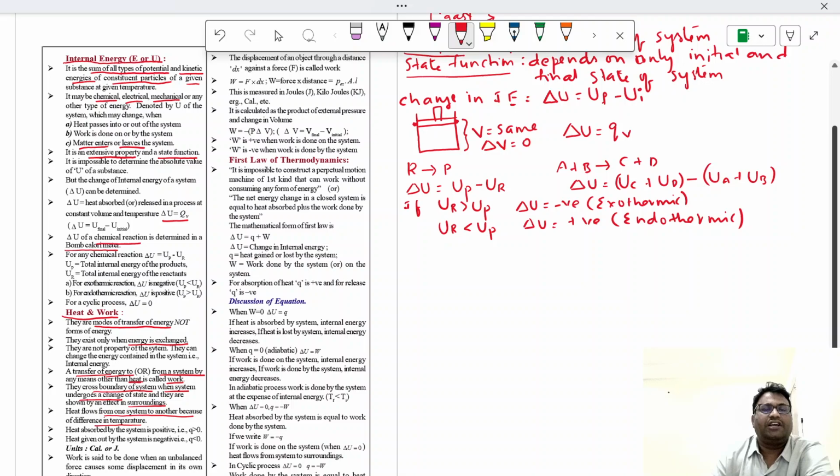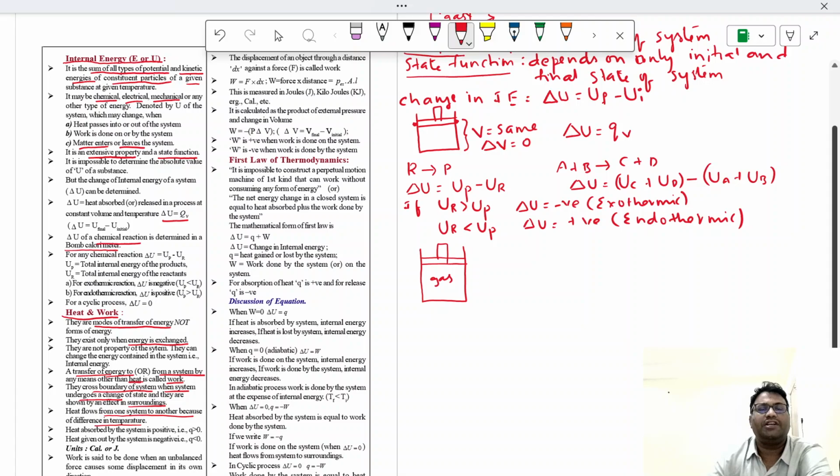So let us take here there is a system, gas enclosed, and this wall, or already we have discussed about what is meant by boundary.